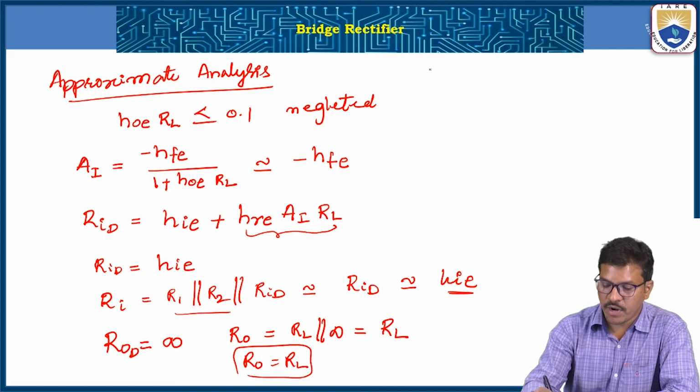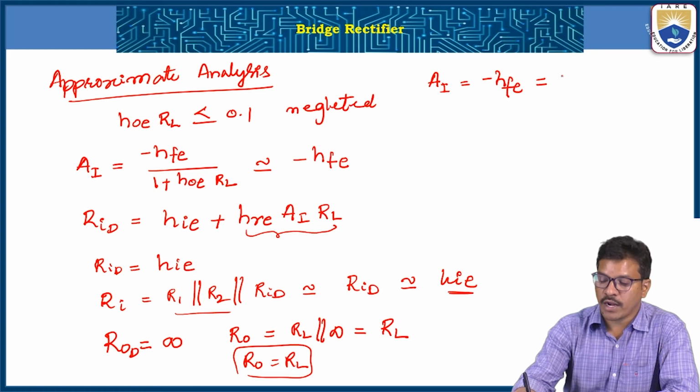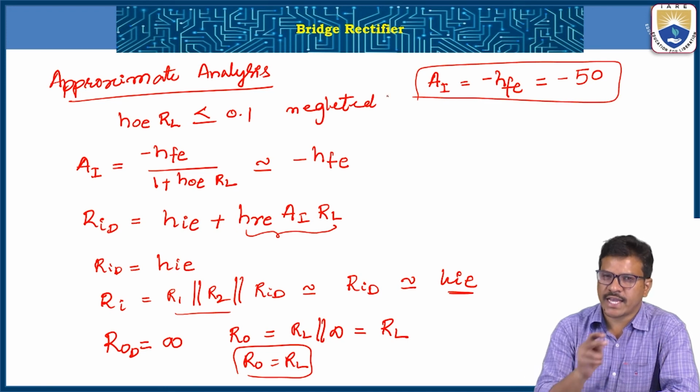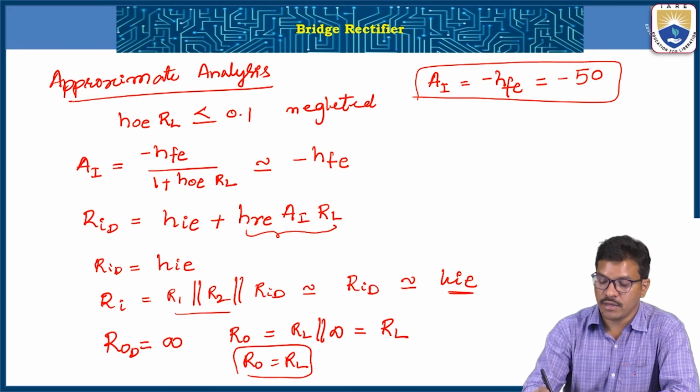So in this given problem, when we substitute in the approximate analysis, AI is equal to minus HFE. In the given problem the forward current gain is minus 50, approximately 50. The exact analysis gives minus 48.78. Similarly, input impedance RI is equal to HIE.